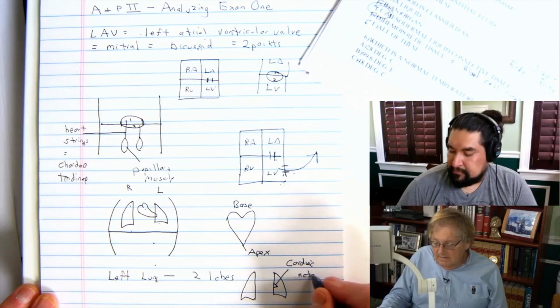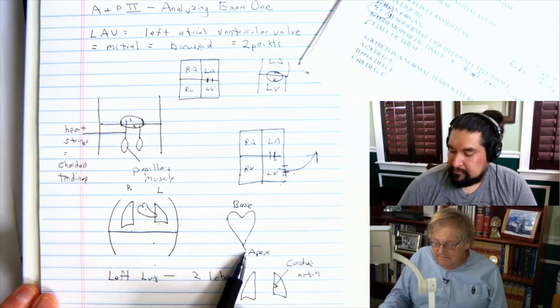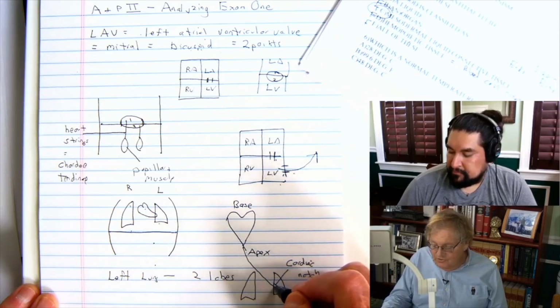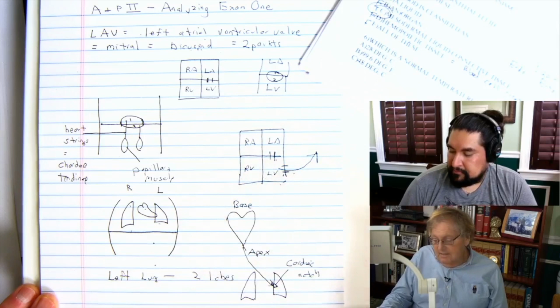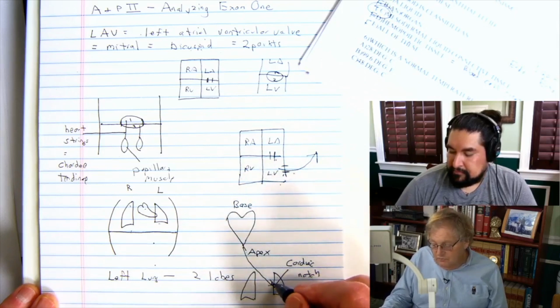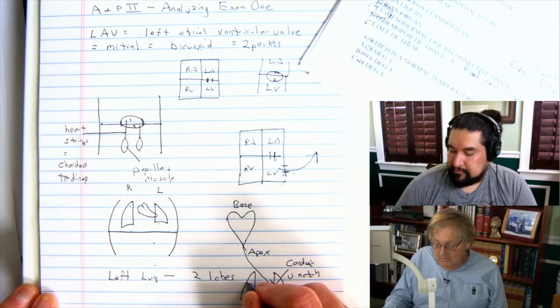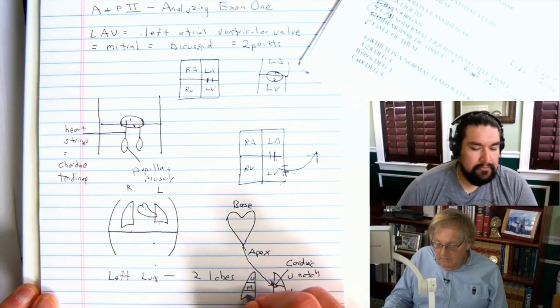And the cardiac notch is where the apex of the heart actually fits into that notch. Hence, the left lung has only got 2 lobes, which is an upper lobe and a lower lobe, and the right lung has got 3 lobes, and that would be an upper and a middle and a lower lobe.